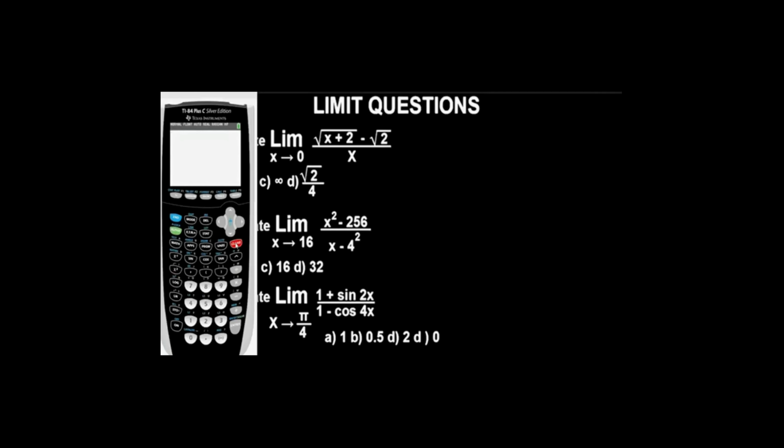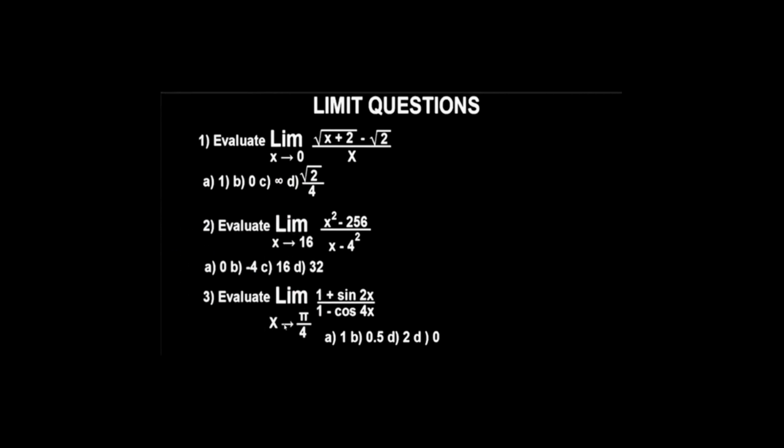But if it is tending to a value like pi that involves trig values, just like in question 3, where x is tending to pi over 4 and trig identities are involved, then if you solve it under degree, the results you get will be wrong.